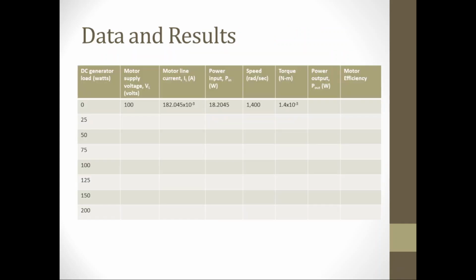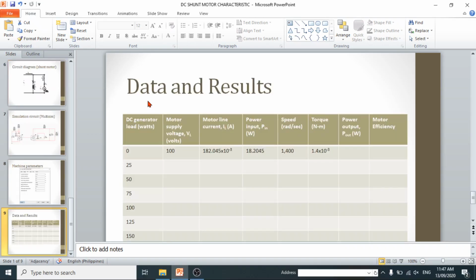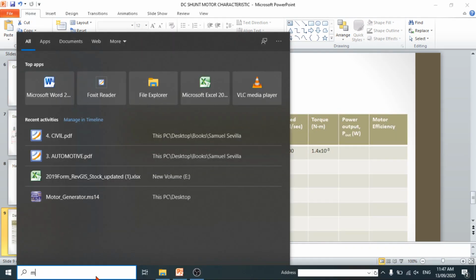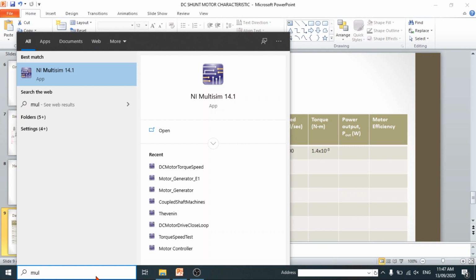Okay, so again, we'll try to verify the given initial data in the table using Multisim.